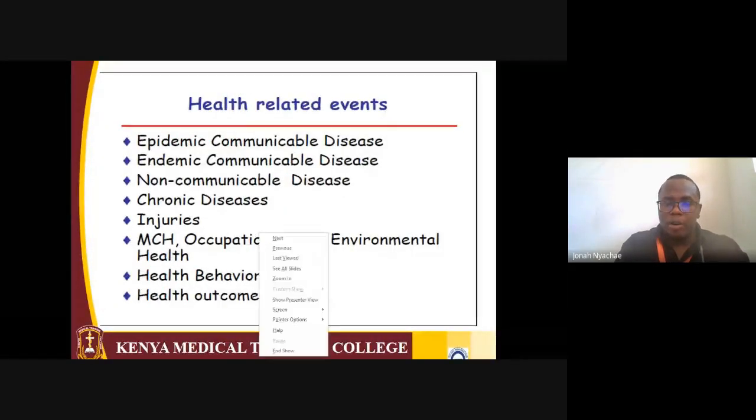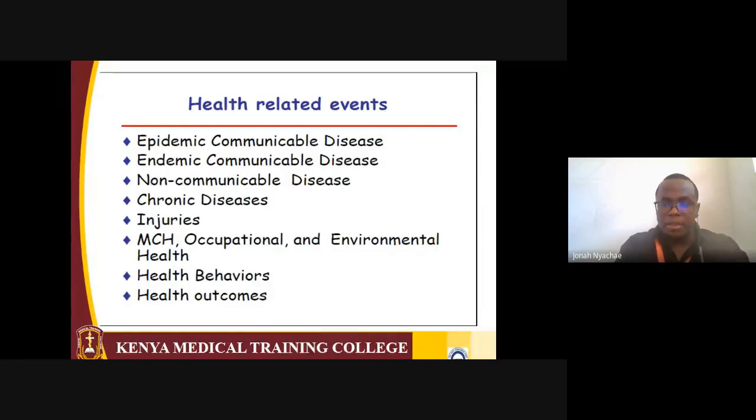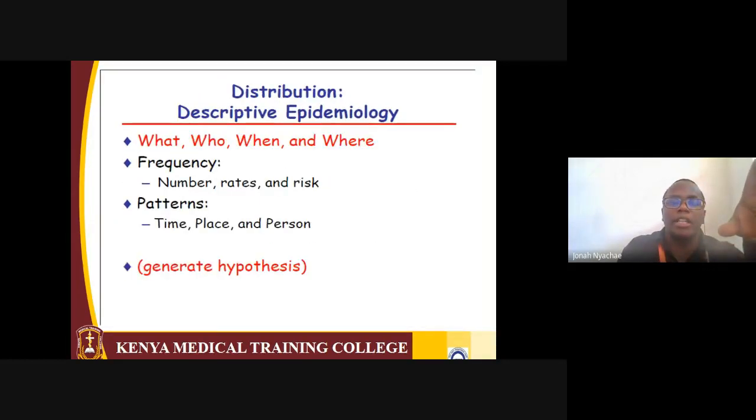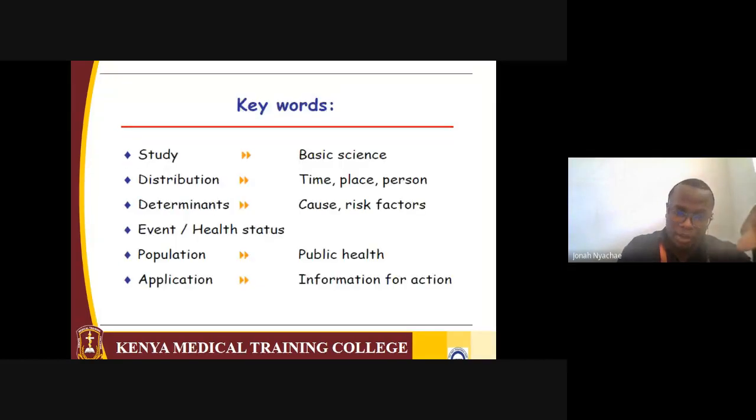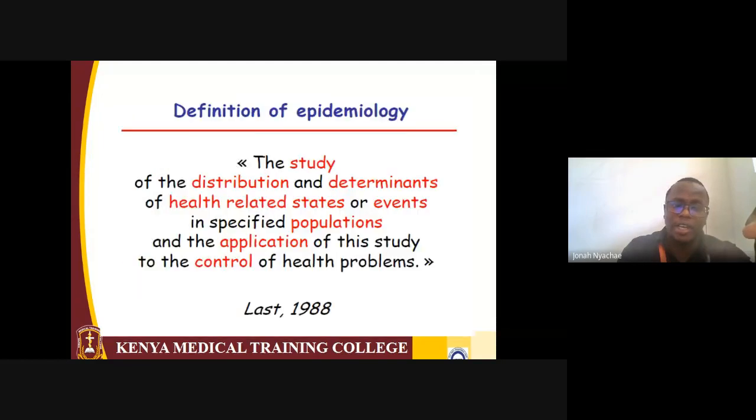So I hope I'm clear on that, and now you can comfortably describe the determinants and also the distribution. So basically, we have said the keywords when you're describing epidemiology: you are talking about the study of distribution and determinants of health events and status that affect a specified population, and application of this study in control of health problems.